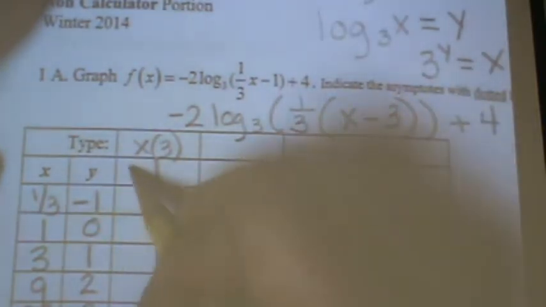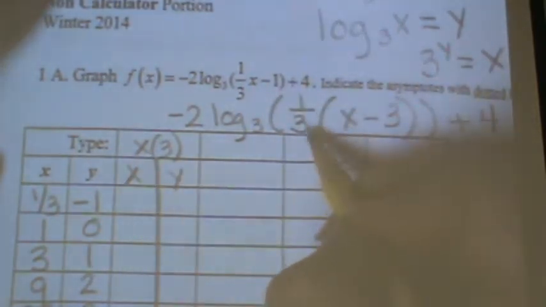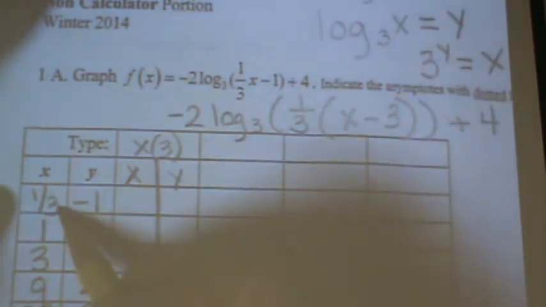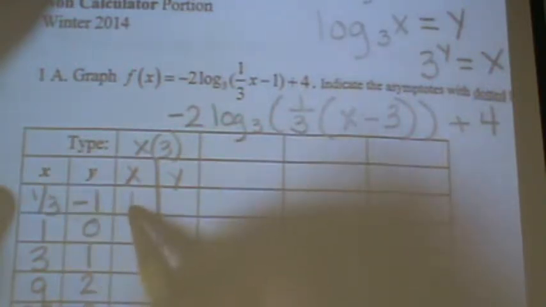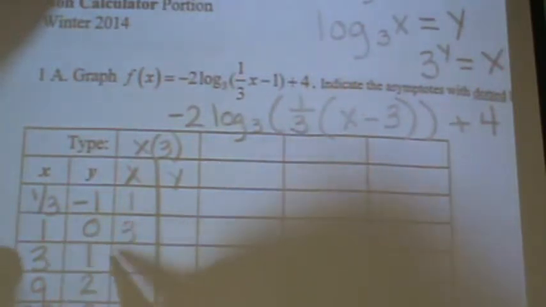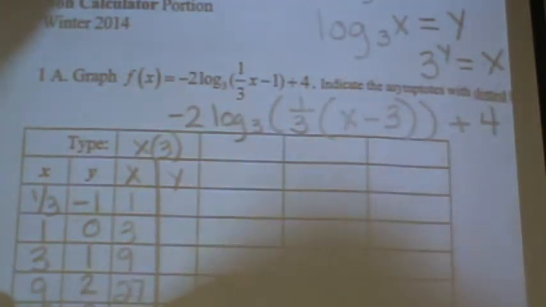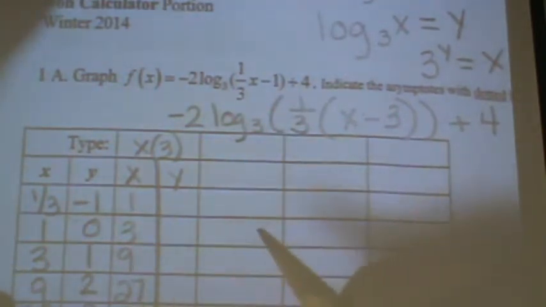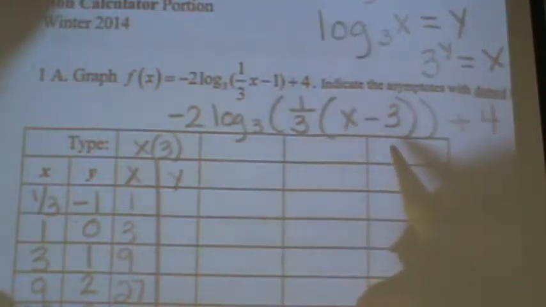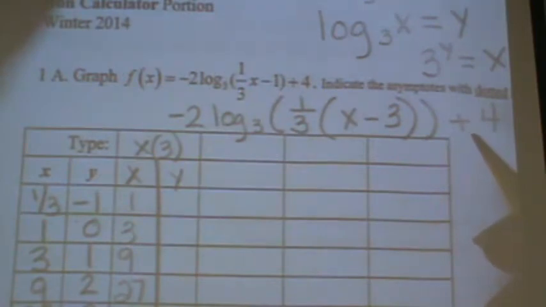So if you multiply these x values by 3, what would you get? You multiply 1/3 times 3, and then you would add 3.